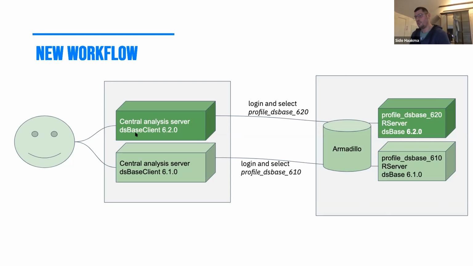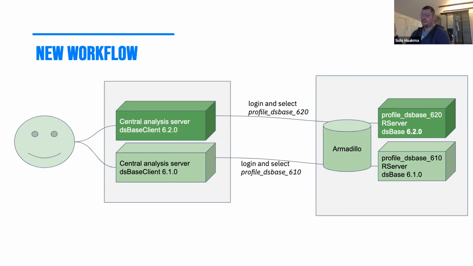So you can log into the central analysis environment, which has the profile DS-based client 6.2.0, and then you need to choose the profile 6.2.0 on the Armadillo or Opal that you're connecting to, and then it will allow you to be in that environment and do your analysis based upon those packages. So that's what we're now trying to move forward to. And in the cohorts' deployments, we managed to get most of the cohorts ready to actually use the profiles.